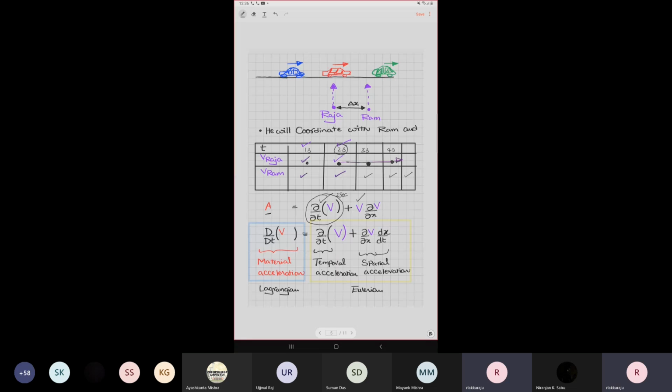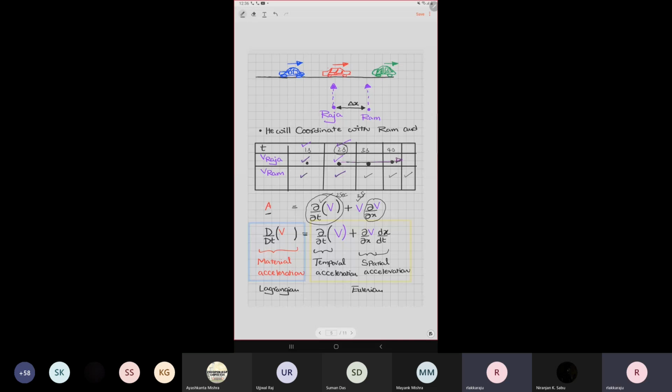At the same second, I already have a velocity here. Now I need something like a correction term, del V by del X. Why we require it, we will see later. How will I calculate del V by del X?